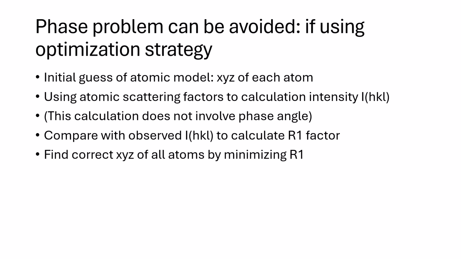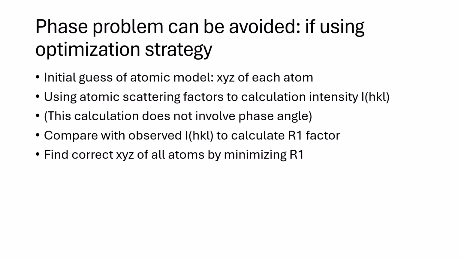Now you can see we can compare the calculated and the observed scattering intensity to get the R1 factor. And by adjusting the location of the atoms, we may minimize the R1 factor and find the correct locations of all atoms.